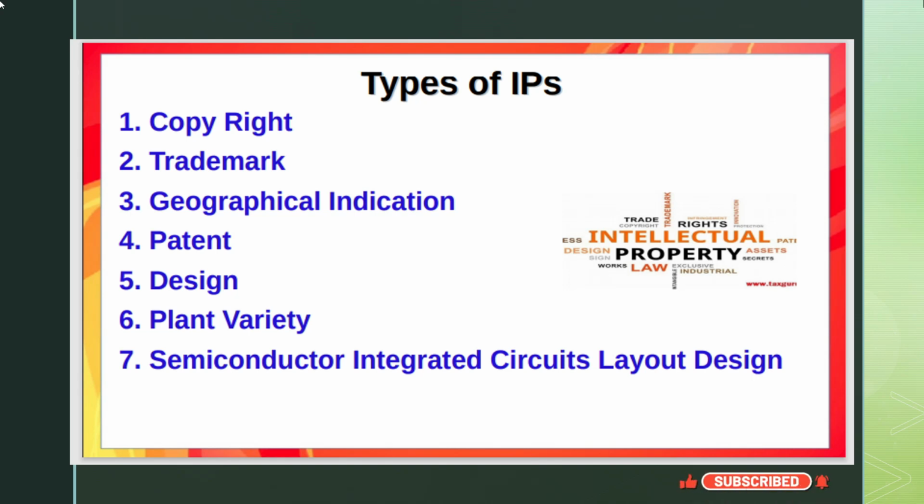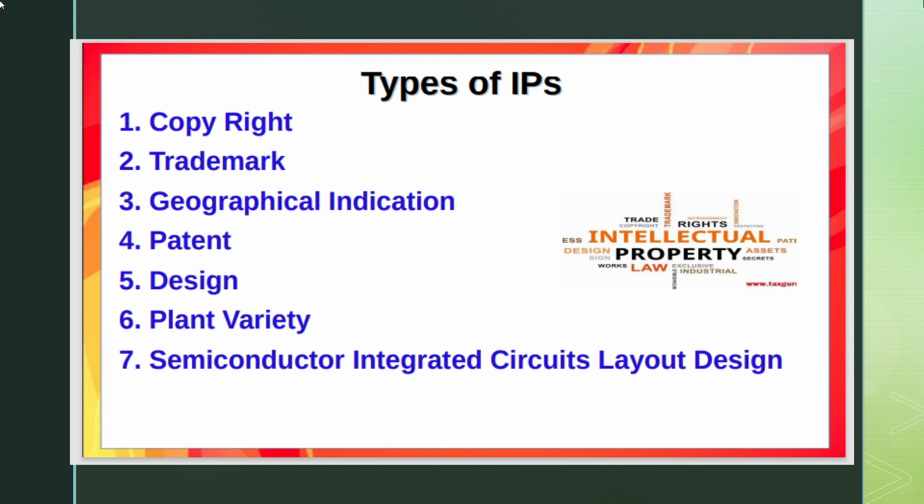Now, let us discuss the first IP, and this is called copyright. Copyright is an exclusive right of the creator to prohibit the unauthorized use of the content, which includes reproducing and distributing copies of the subject matter.